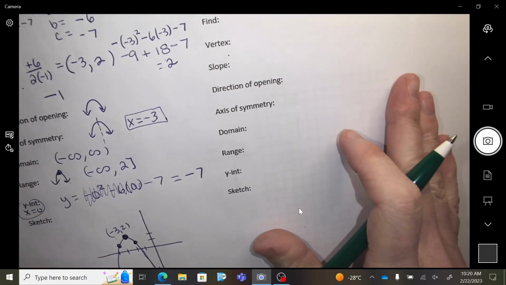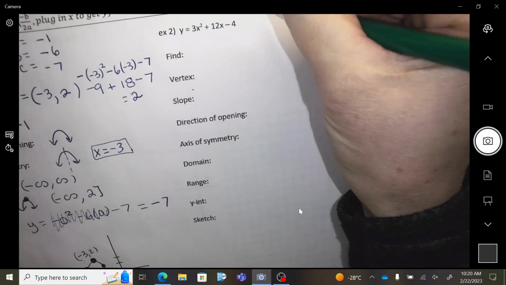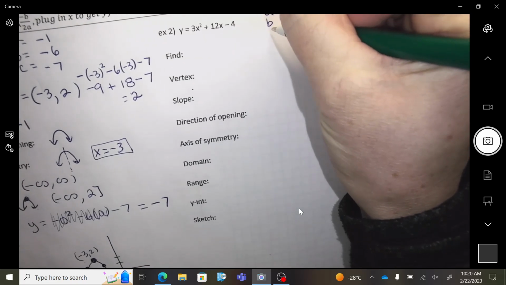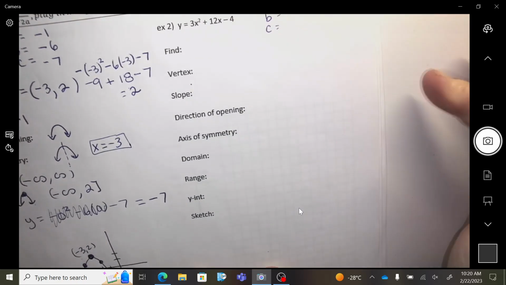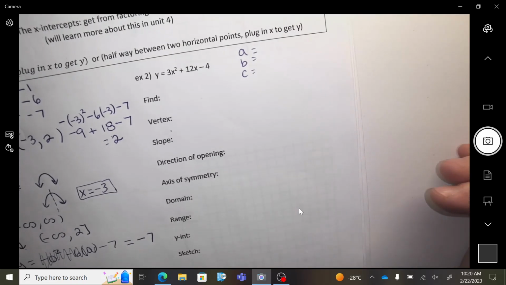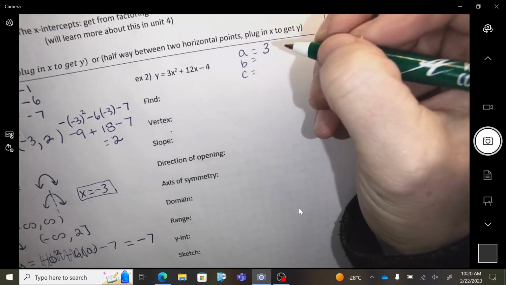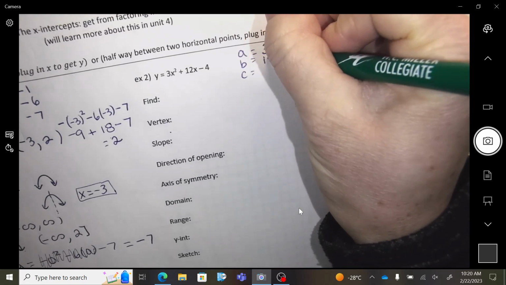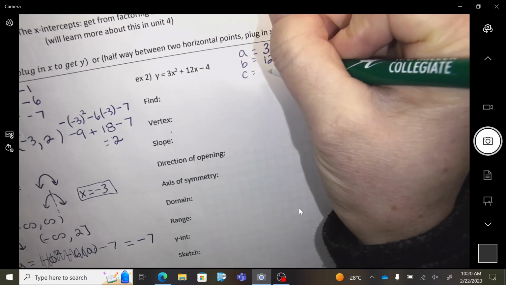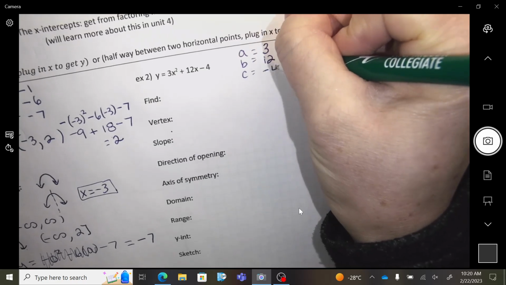Okay, number 2. So let's first write down the a, the b, and the c. So the a is how many x squareds you have. So 3. The b is how many x's you have. So 12. And the c is how many numbers you have.